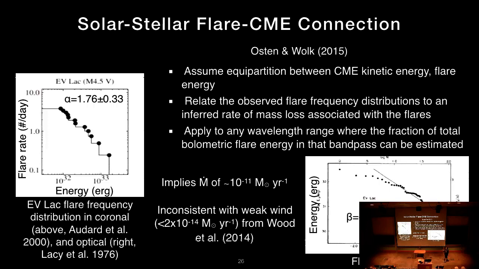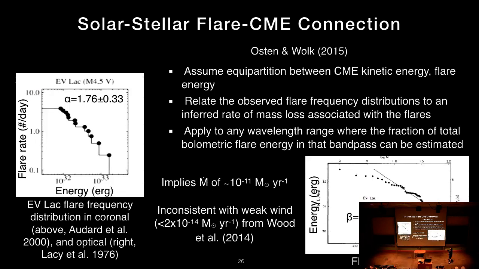The flares themselves cover different ranges of energy, but when you account for the fact that there's a different amount of energy coming out in each portion of the wavelength, and you integrate up all of these flares, you get a very consistent implied cumulative mass loss rate, which is very high. 10 to the minus 11 solar masses per year is about 3 orders of magnitude higher than the sun's present day mass loss.